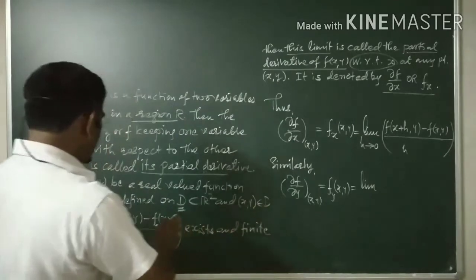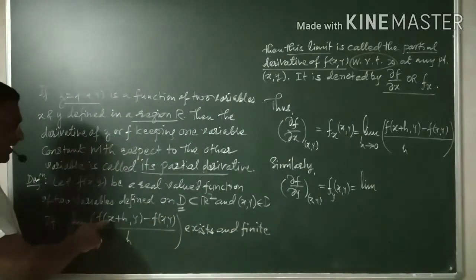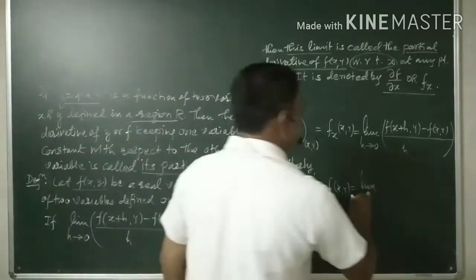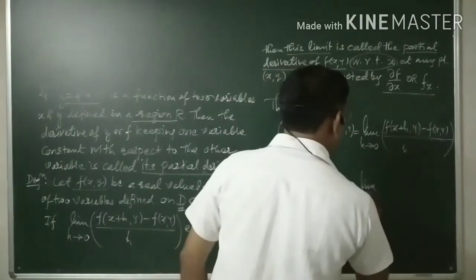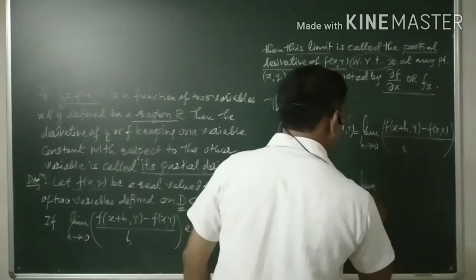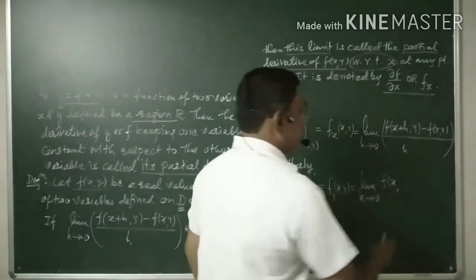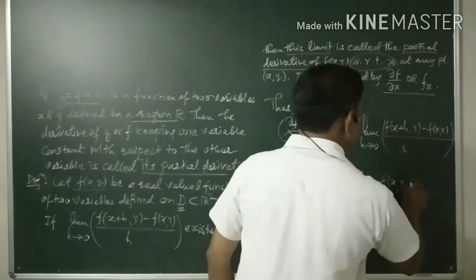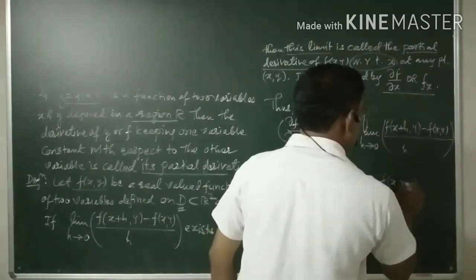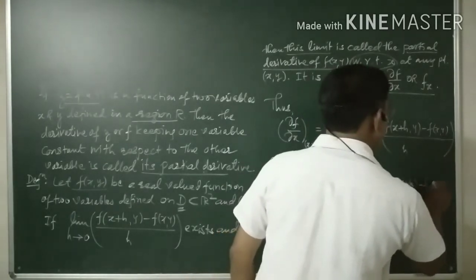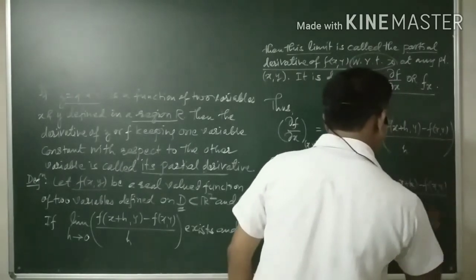Now, as we changed the x variable by h, with respect to y let us change the y variable by k, so as k tends to 0, f of x comma y plus k minus f of x comma y divided by k.